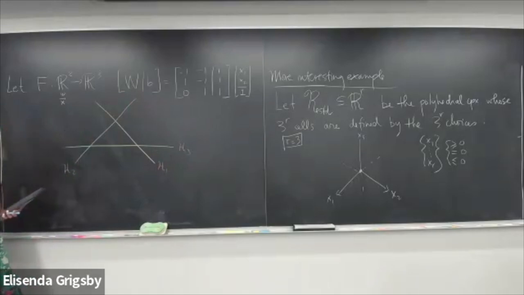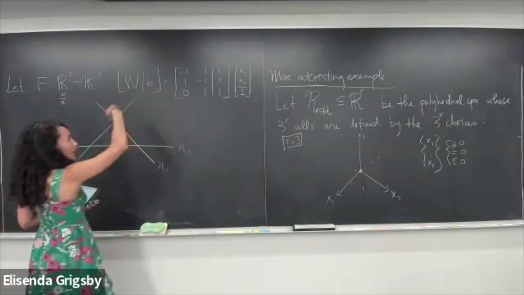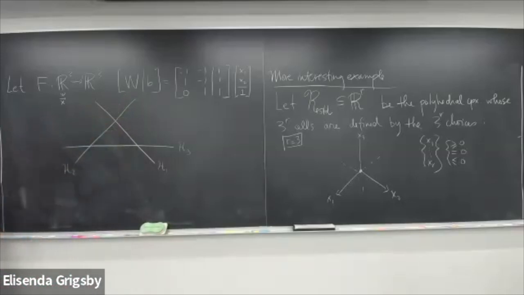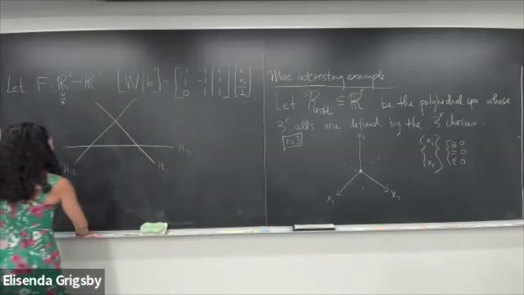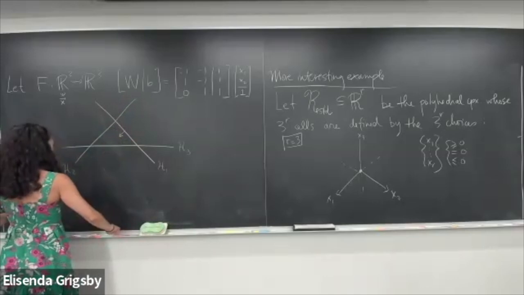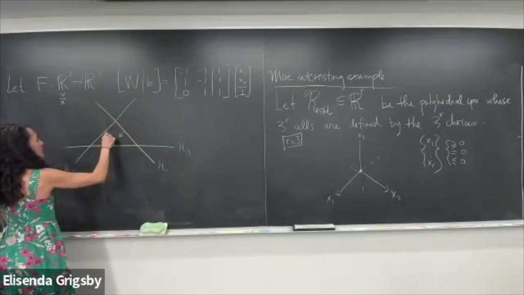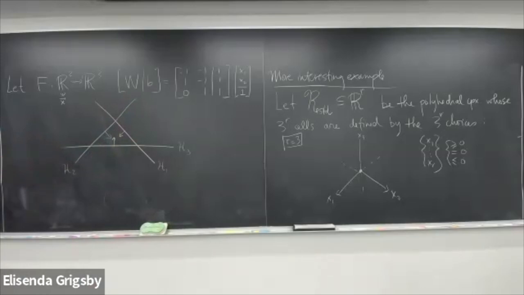These are the 0 sets of the affine linear functions that are defined by the rows of this weight-bias matrix. So here are the weight vectors, or at least not the vectors themselves, but kind of attached to the hyperplanes.